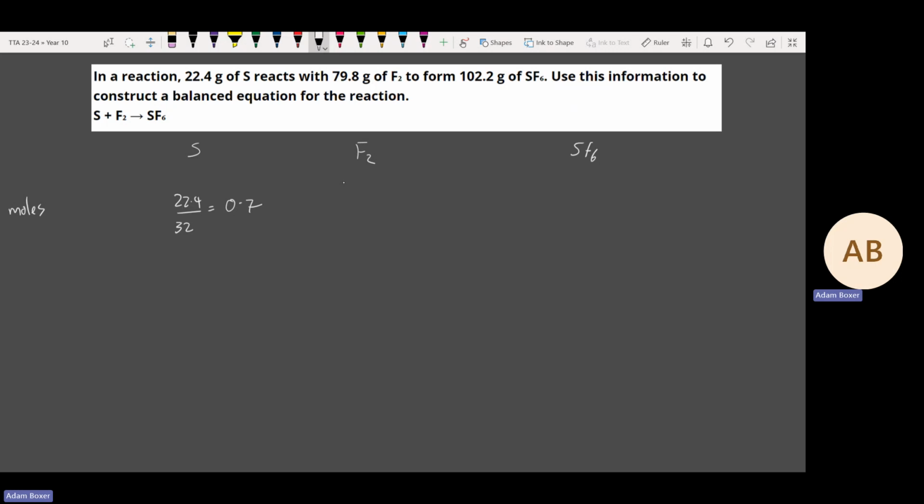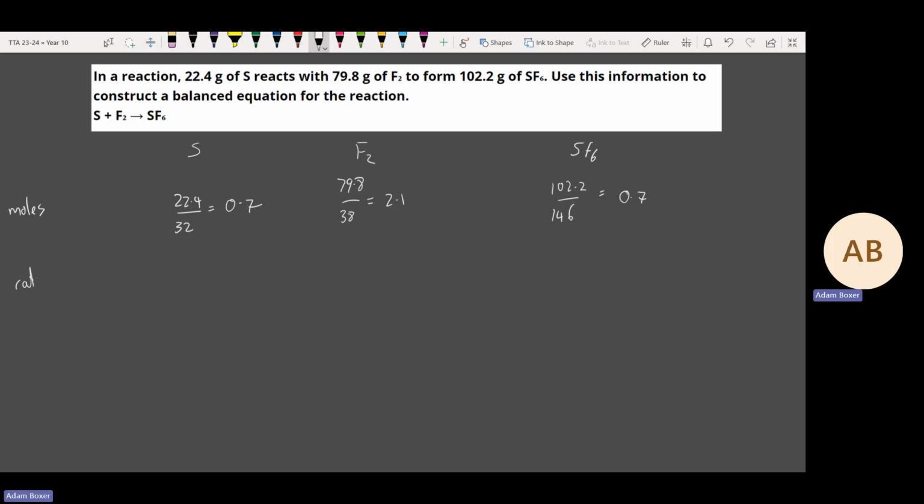Now for F2, I've got 79.8 divided by 38, which is 19 times 2. Gives me 2.1. And then for SF6, I've got 102.2 divided by 32 plus 6 lots of 19, which is 146, which gives me 0.7.